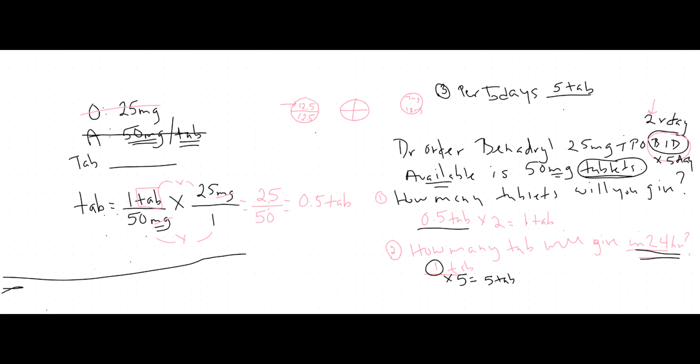How much am I going to walk in and give this patient when I go in at 9 a.m. and 9 p.m., because that is twice a day, then how many tablets am I walking in to give this patient?